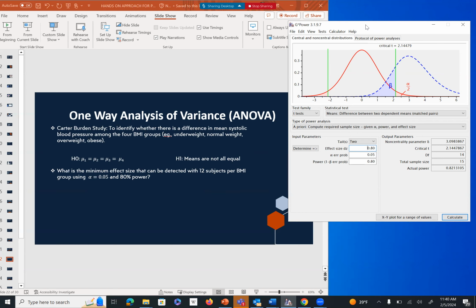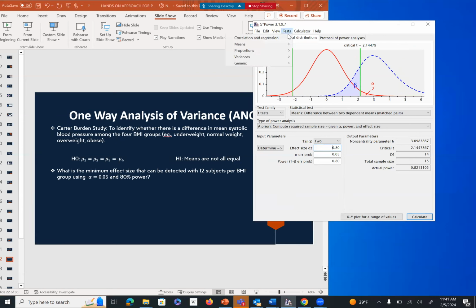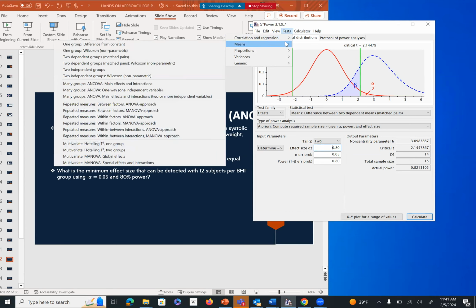So our question here is, what is the minimum effect size that can be detected with 12 subjects per BMI group using a significance level of alpha 0.05 and 80% power. So here you go to means again, and you have a lot of options here. So many groups ANCOVA, when you also have covariate information, you can use this option.